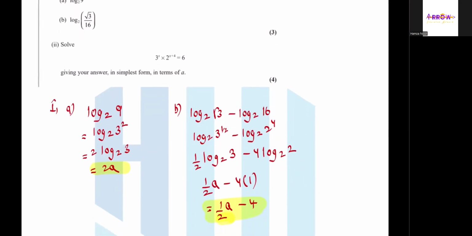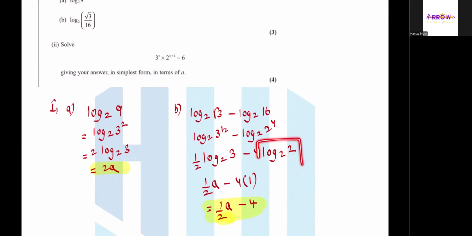And as you are aware of the concept that log to its own base is equal to 1, meaning when the base and argument are the same, the outcome is equal to 1. This is exactly the same as saying that a is the base of the log and argument a, so this is also equal to 1. Let's say we have 3 as the base of the log, argument 3, this is also equal to 1. So the concept is that log to its own base is equal to 1.